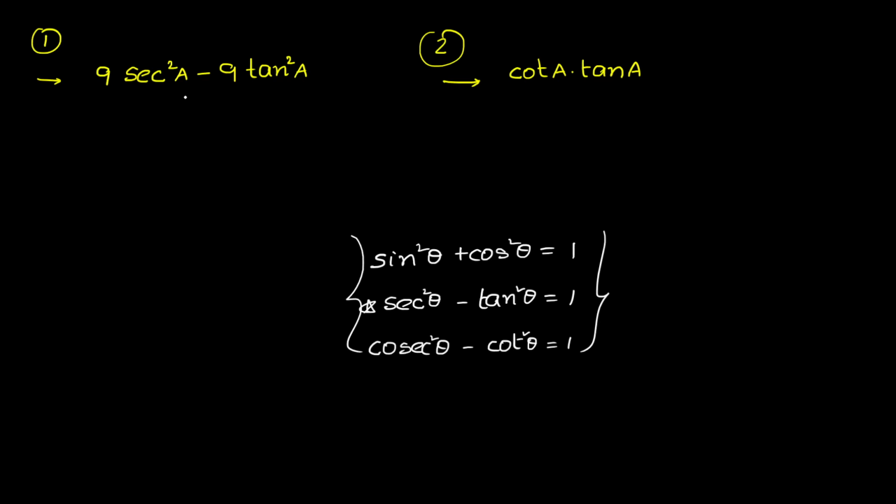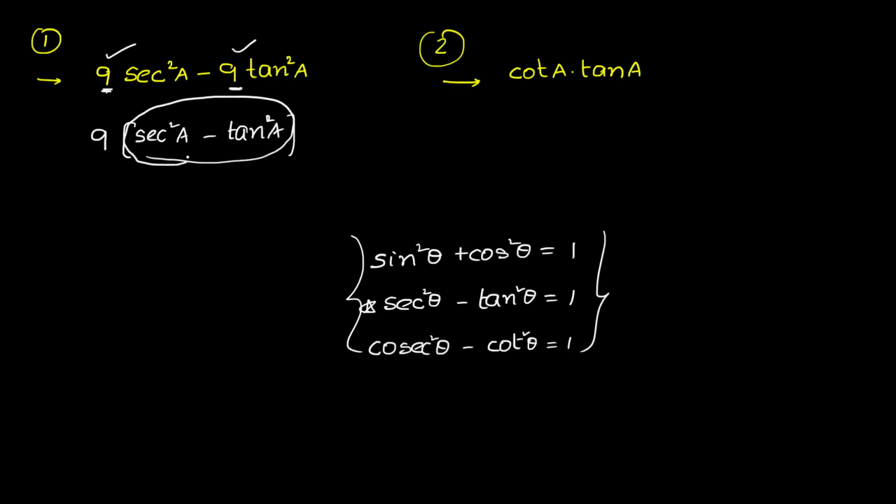If you want to apply the same identity here, you should take 9 common, because there is a 9 here and a 9 here. So it will become 9 into secant square A minus tan square A. Taking common means writing as a whole multiple. We know that secant square A minus tan square A is always equal to 1 because of the trigonometric identity. So 9 into 1, and the answer is 9.